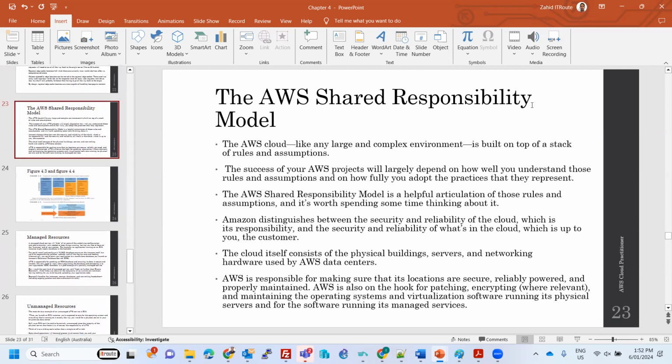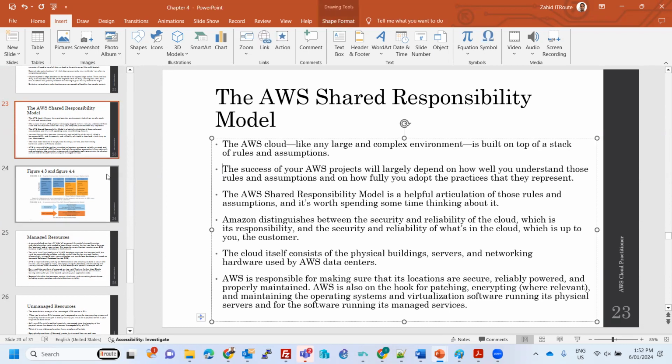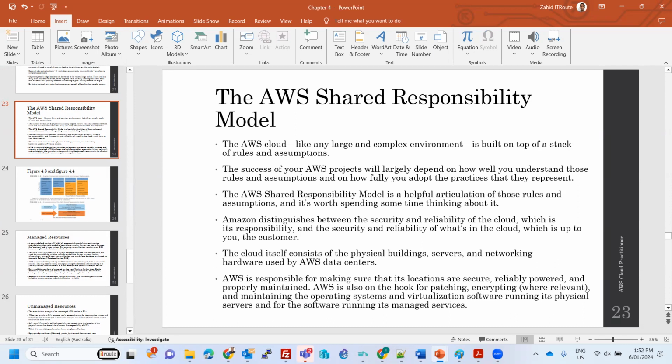Now, the AWS shared responsibility model. The AWS Cloud, like any large and complex environment, is built on top of a stack of rules and assumptions. The success of your AWS projects will largely depend on how well you understand those rules and assumptions, and on how fully you adopt the practices that they represent.